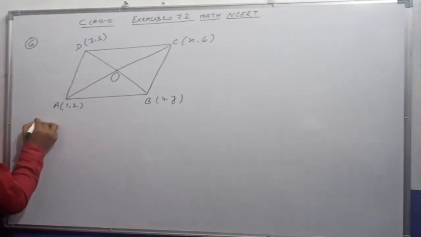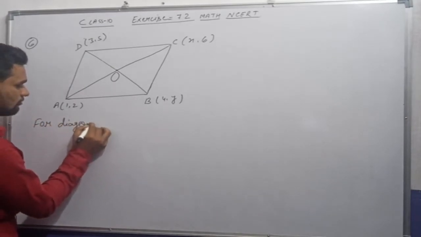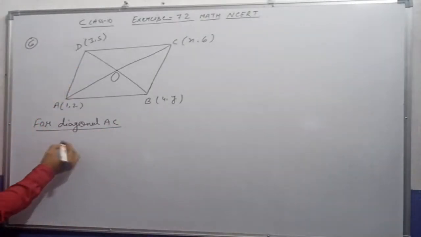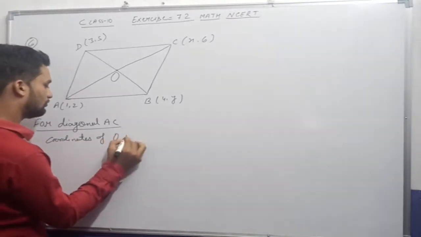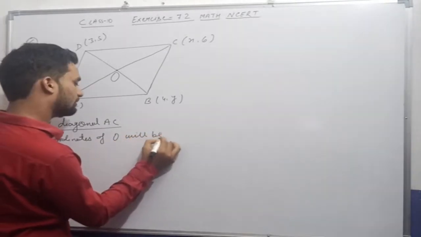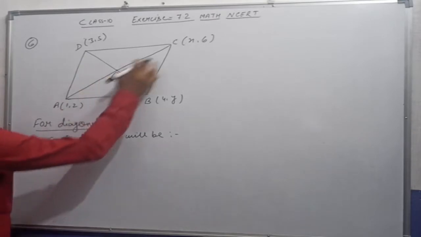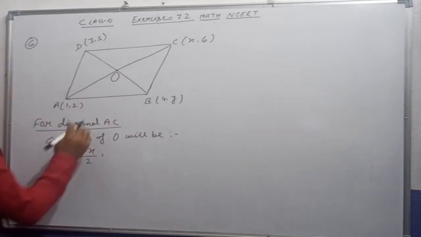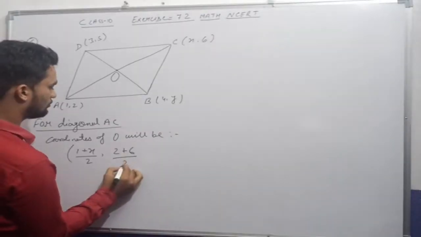So for diagonal AC, coordinates of O will be (1 plus x) upon 2, this is for x, and (2 plus 6) upon 2.